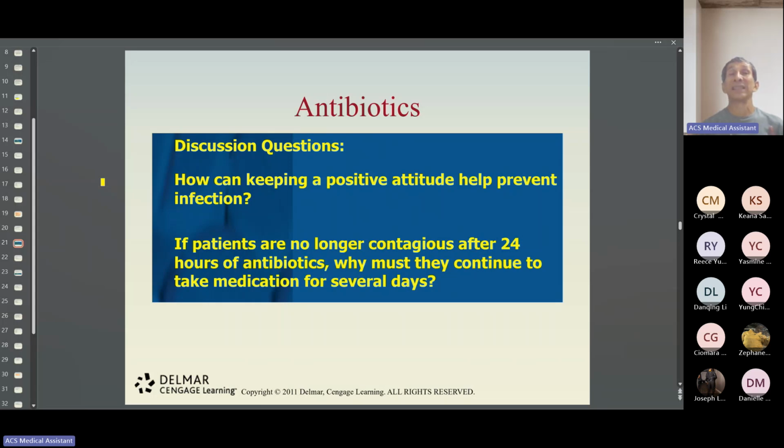The microorganism is not multiplying, it's not spreading, but it's not eliminated yet. So if you stop, some of these bacteria survive and you get sick again, to put it that way. So you have to finish the period of time that the antibiotics were given to you.